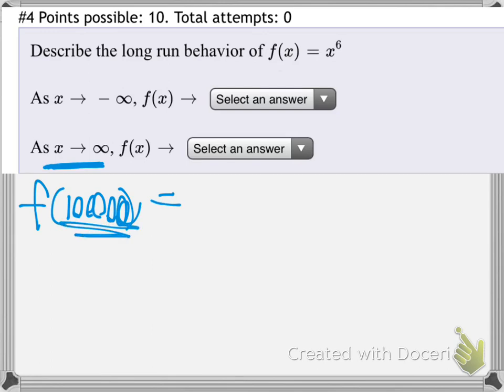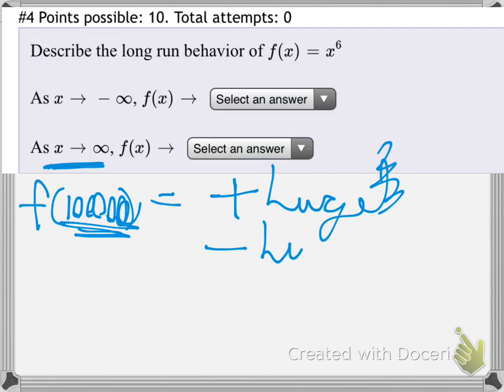Is f of a million going to be still some positive huge number, like a billion or a trillion? Or is it going to somehow be switching around and be a negative huge number? Or is it going to start piddling out and all collapse in and become a zero?